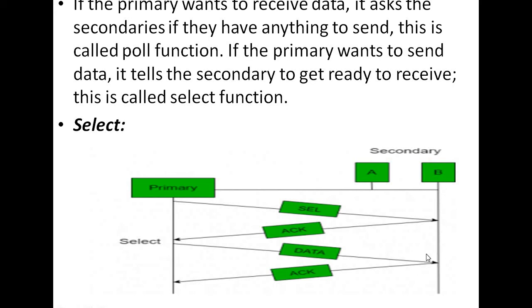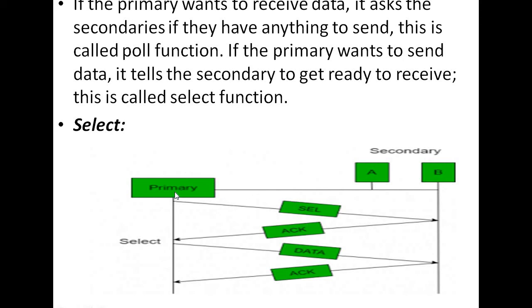After the data reaches the secondary site, it sends a positive acknowledgement towards the primary site, saying that whatever you are sent, I have received it. So this is all about the select function process.